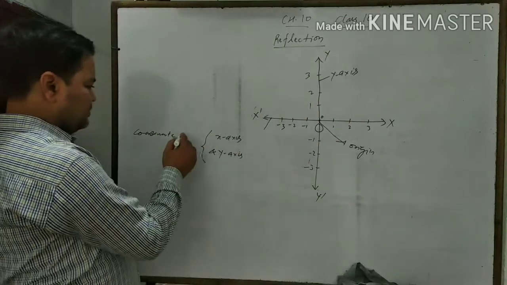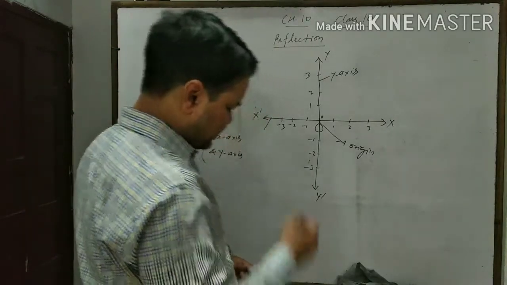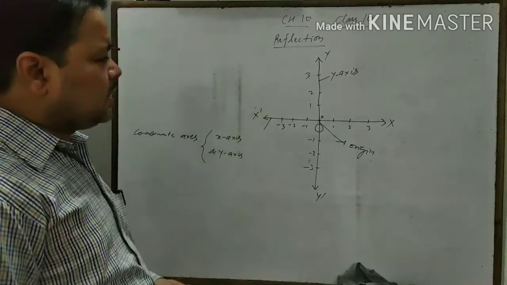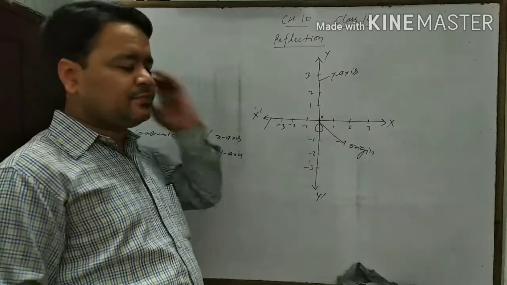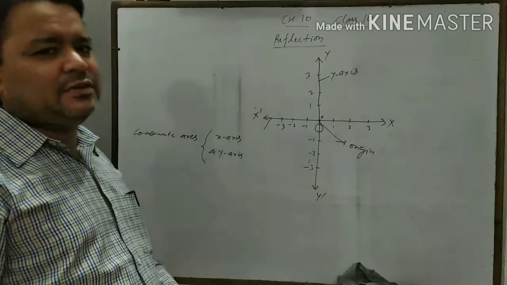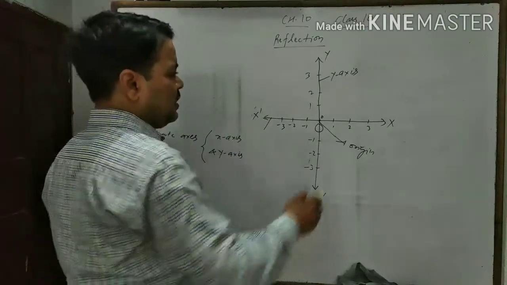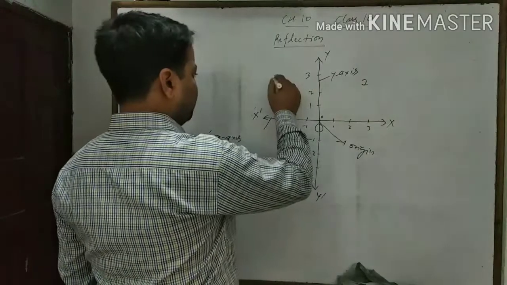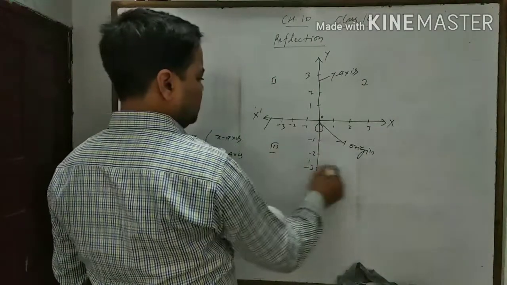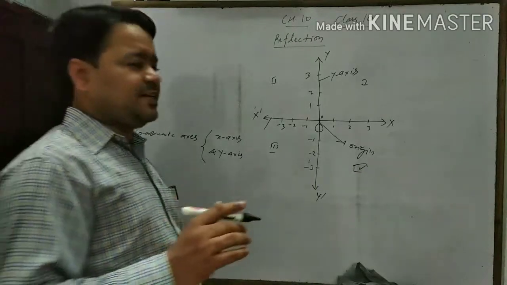This coordinate axis divides this plane, which is known as the coordinate plane or Cartesian plane, into 4 equal parts. First part, second part, third part, fourth part, and each part is called a quadrant.